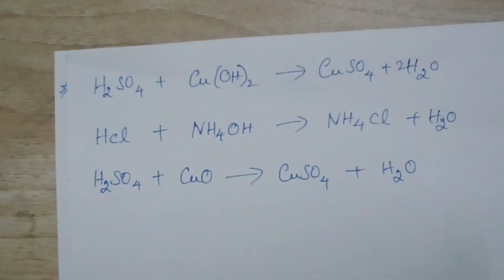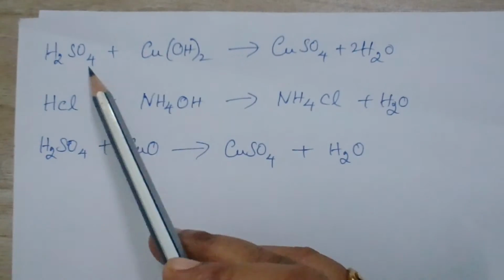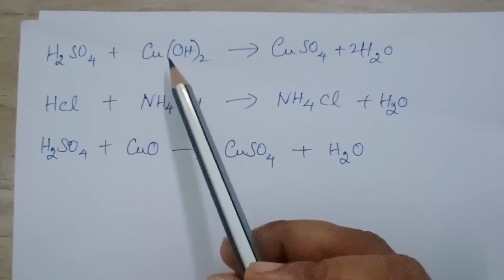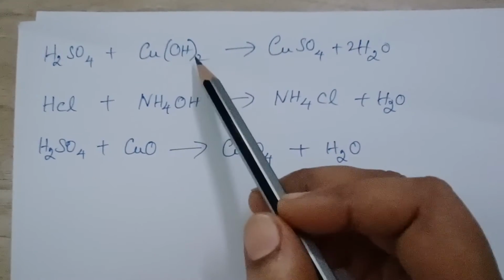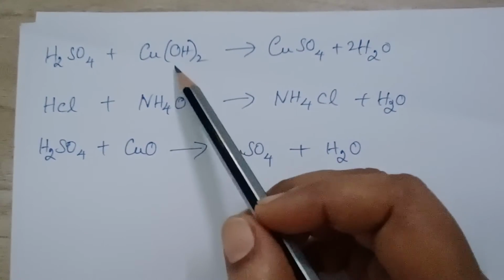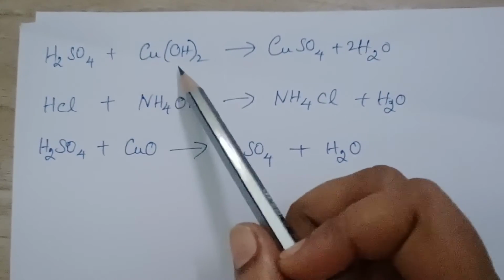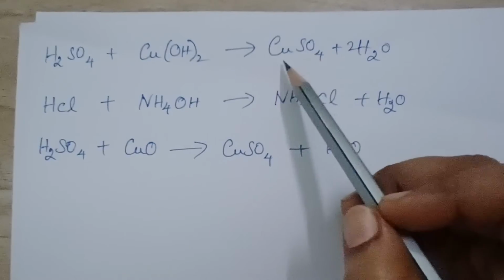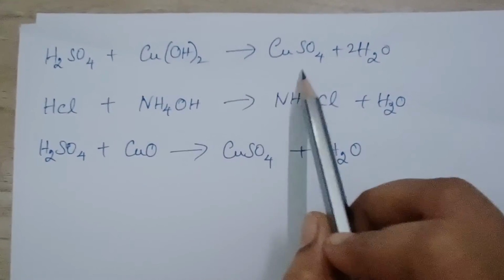Next, H2SO4 sulfuric acid plus base copper 2 hydroxide, or we can say cupric hydroxide. Sulfuric acid plus cupric hydroxide gives copper sulfate plus water.